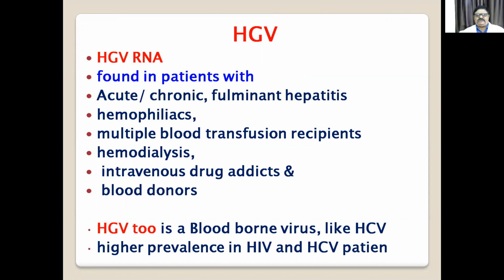You must screen before accepting blood, not only for hepatitis B, but hepatitis C and hepatitis E also, and G also. There is a higher prevalence in HIV and HCV patients. So if the patient is already HIV positive or HCV positive, there are higher chances of HGV infection also.